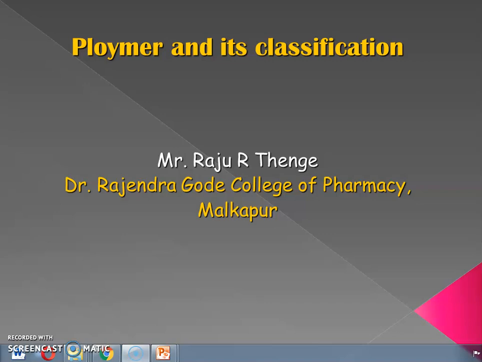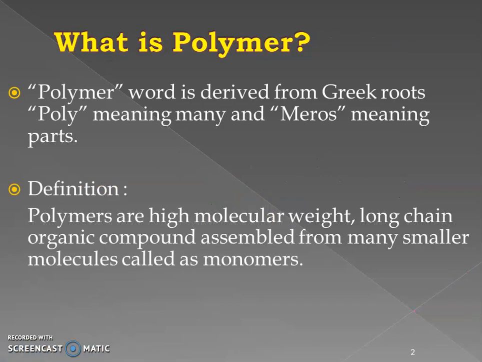Today we'll see polymer and its classifications. So you know, what is a polymer? This word is derived from Greek: poly means many, and meros means parts, also called monomers.